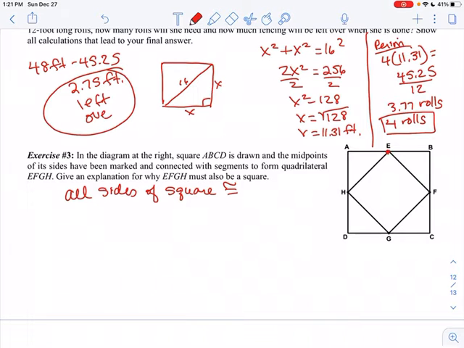And this is a midpoint, this is a midpoint, this is a midpoint, and this is a midpoint. So that makes this cut in half, this cut in half, this cut in half, this cut in half. So all those halves are going to be congruent to each other.